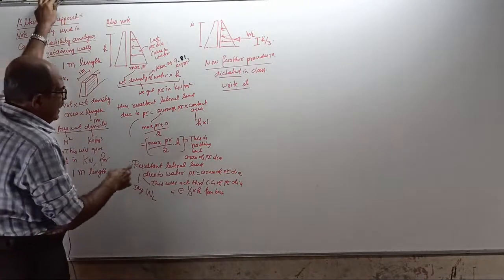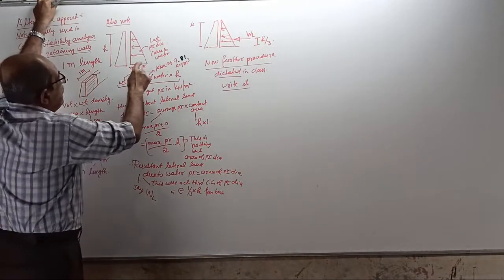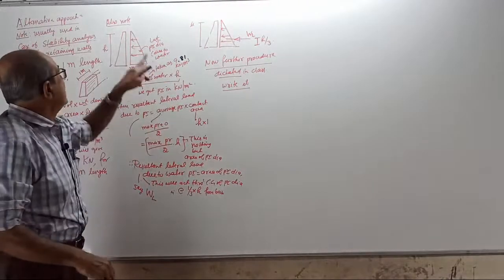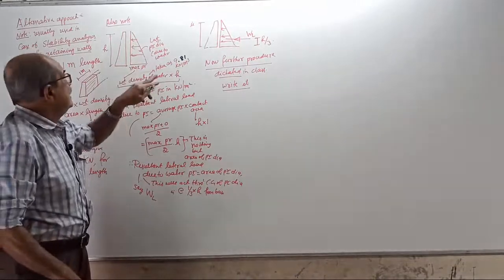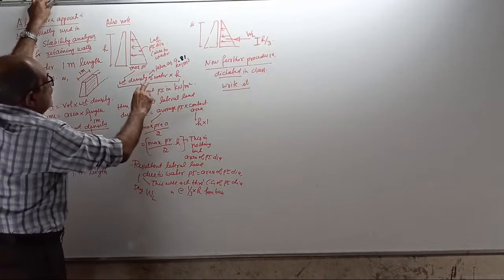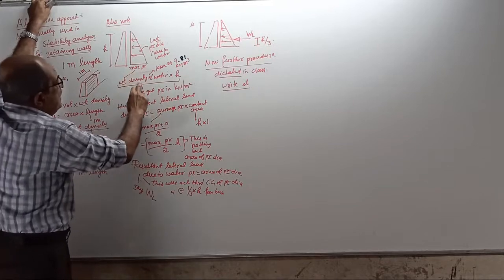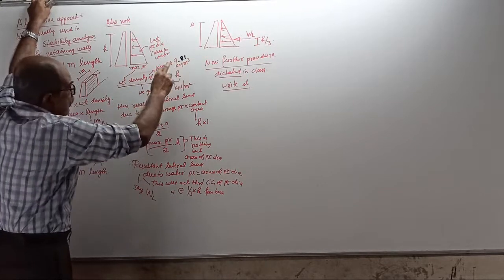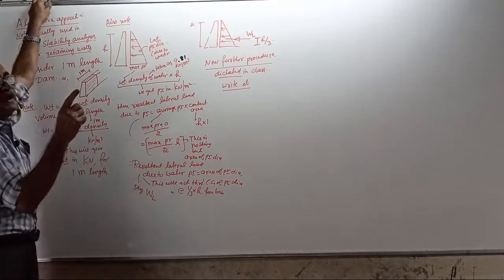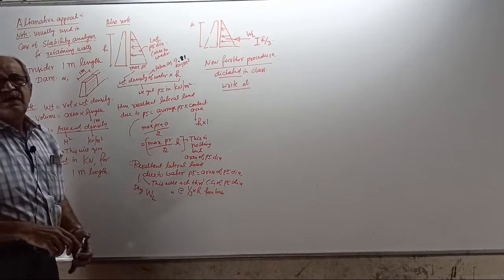Therefore, pressure at any point equals density of water into height. So here it is 0, at height from top. This maximum pressure is the weight density of water, 9.81, into the height.